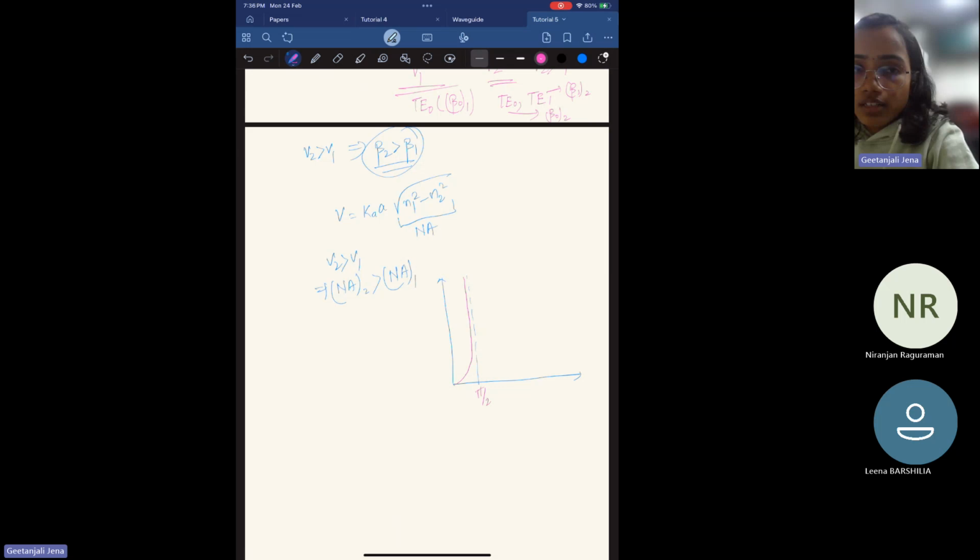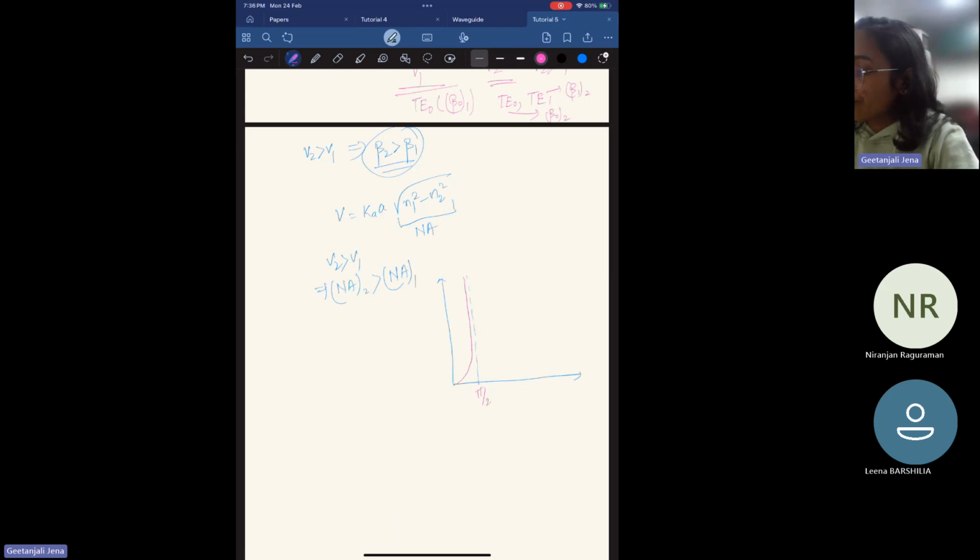So it doesn't have any cutoff. So no matter which waveguide it is, the fundamental mode will always be there unless and until V is 0. V being 0 itself means this is not a waveguiding structure. So whenever V is non-zero, the fundamental mode won't have any cutoff, in the waveguide or in the fiber also. Only the higher order modes have the cutoff.